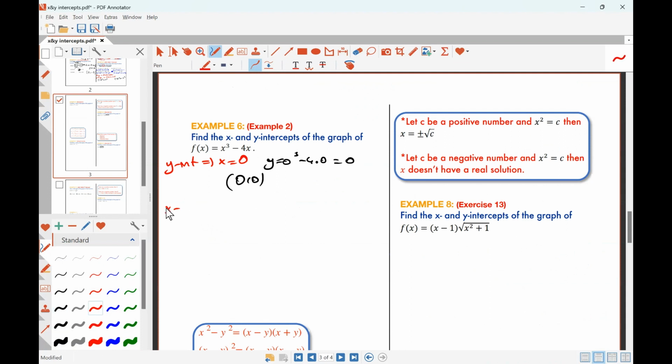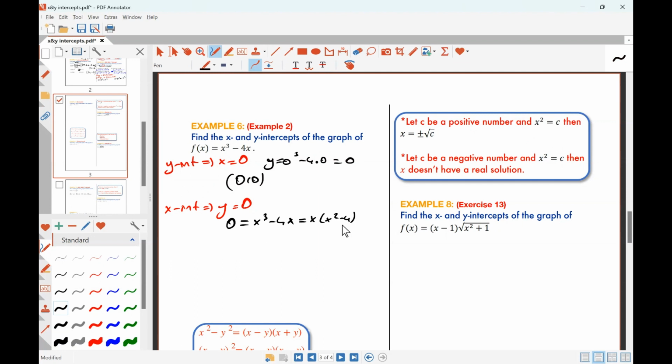Let's continue with the x-intercept. In this case, y is 0. y means f of x, so 0 equals x cubed minus 4x. That requires factorization. You take out the common factor, which is x. So it gives you x times (x squared minus 4).